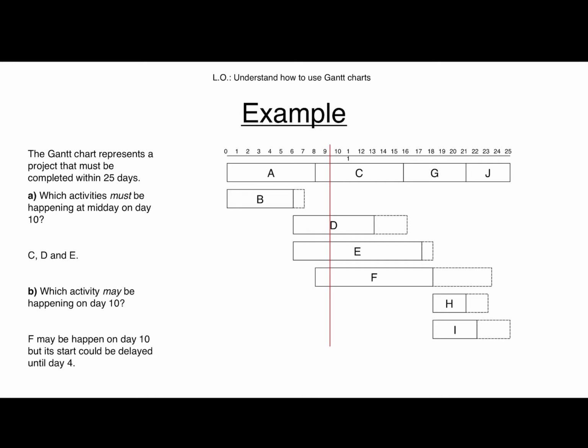Same goes for E. Now F doesn't necessarily have to be happening halfway through day 10. It could, but I could also delay it enough so that I wouldn't have to have it happening halfway through day 10. And then H and I, it's clear to see that they're never going to be happening halfway through day 10.